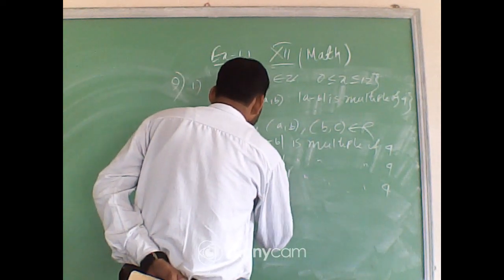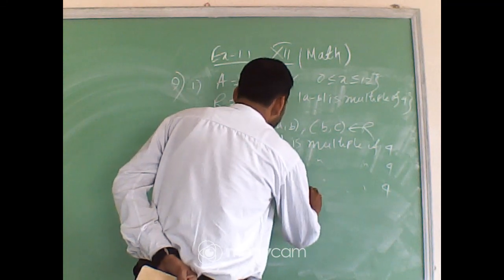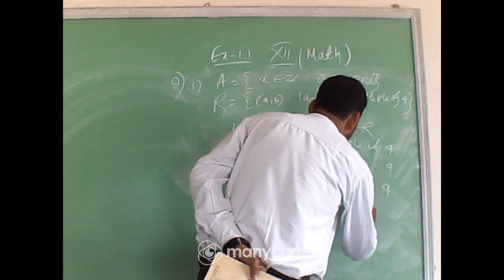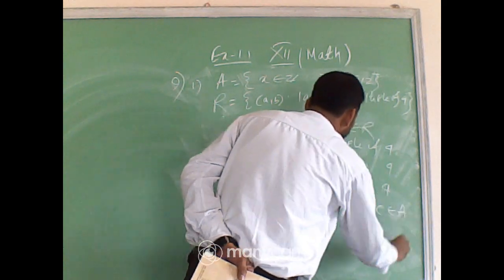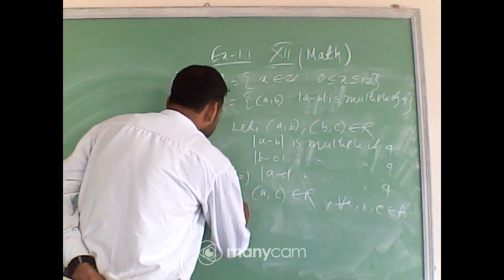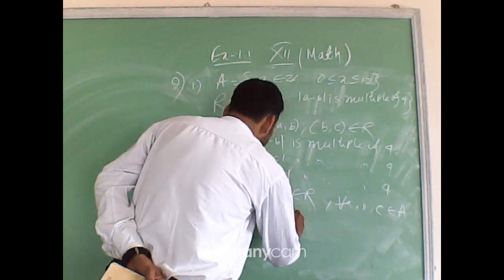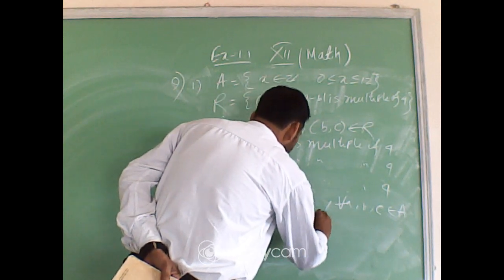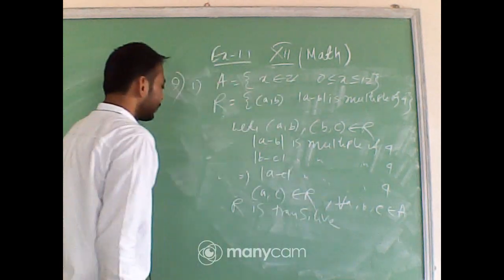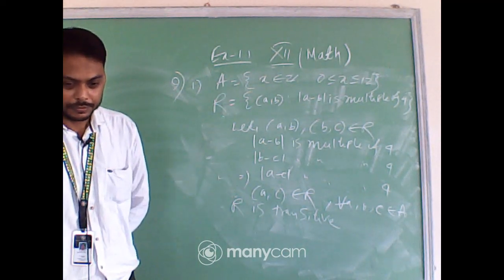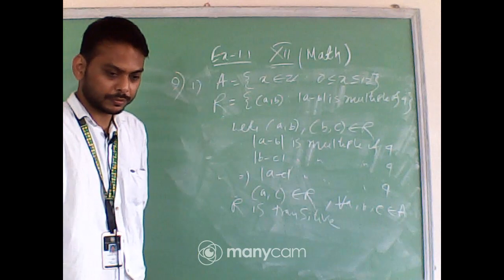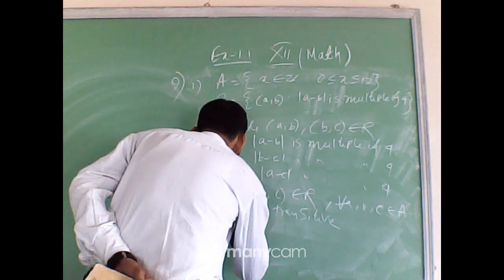Therefore, the ordered pair (a, c) belongs to R for all a, b, c belongs to A. Therefore, R is transitive. Isn't it? Hence, R is an equivalence relation.